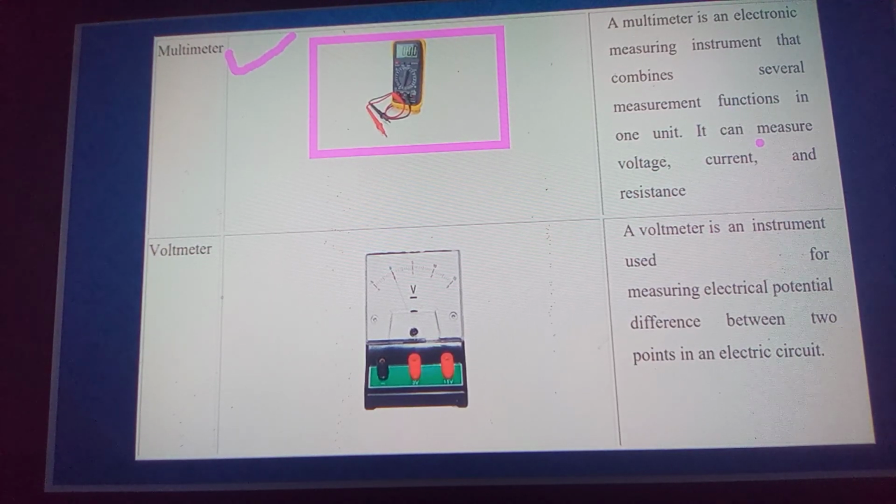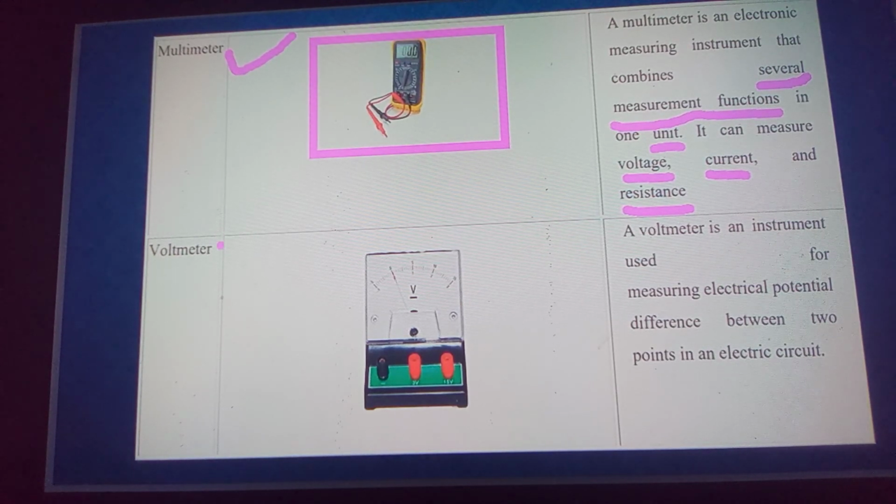It can measure either voltage, current, or resistance. So that can be done by this instrument, which is called the multimeter.